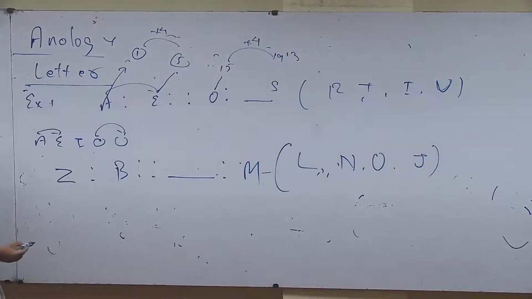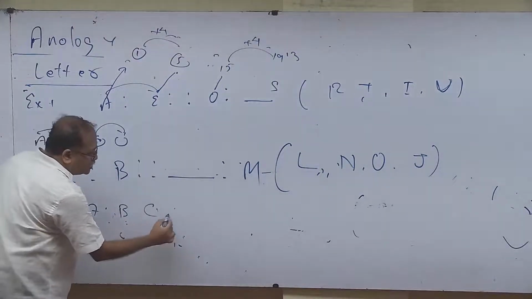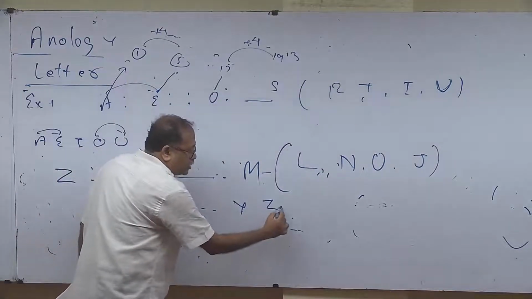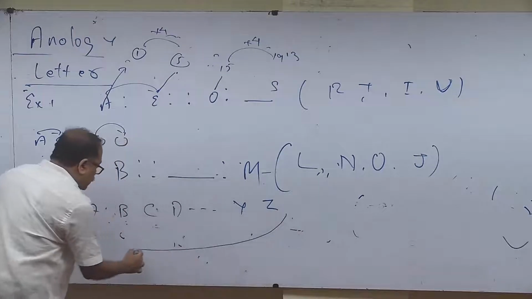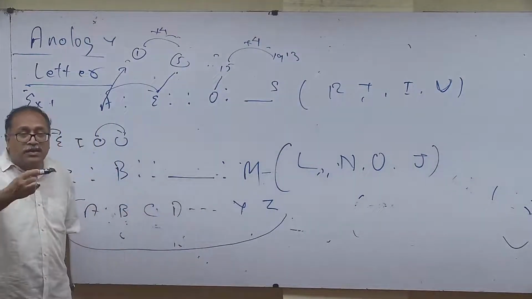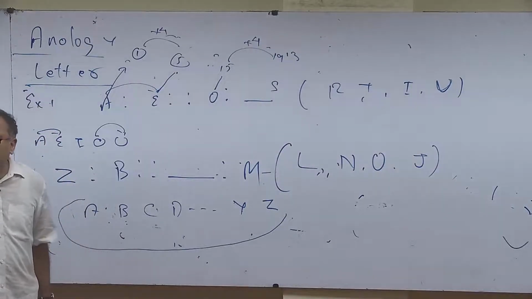Z and B are not opposite. After Z, these all are A, B, C, D, and so on, Y, Z, then again it starts with A, B, C, D, E, F. It's a cycling process, the letters are a cycling process.